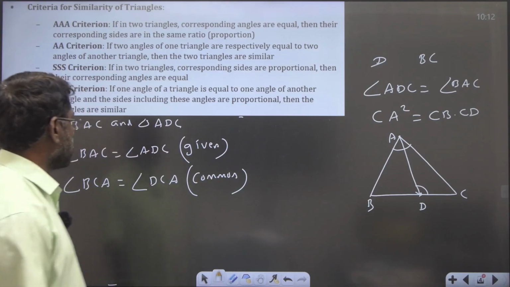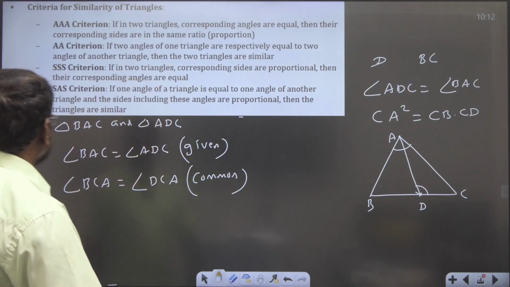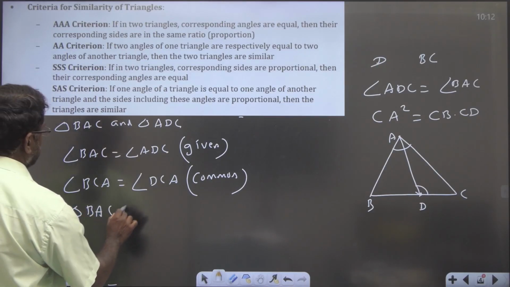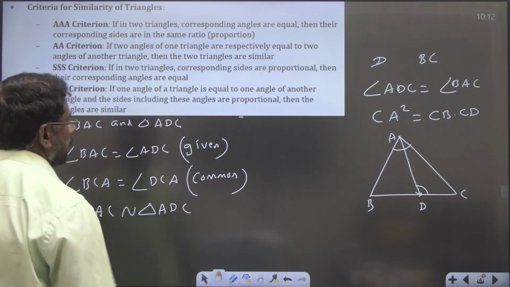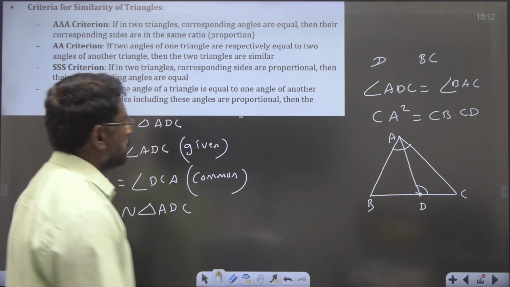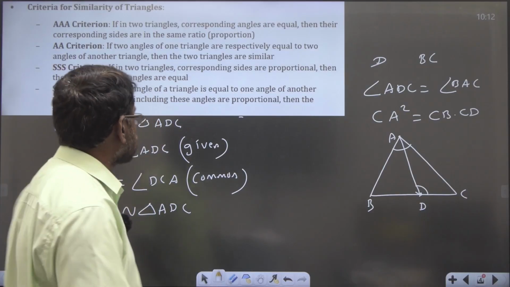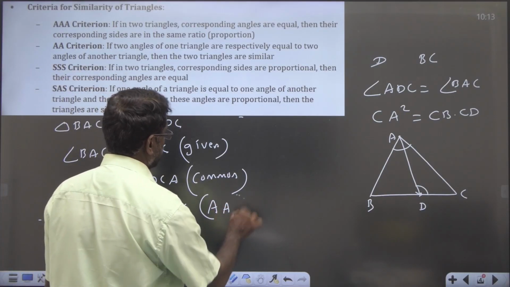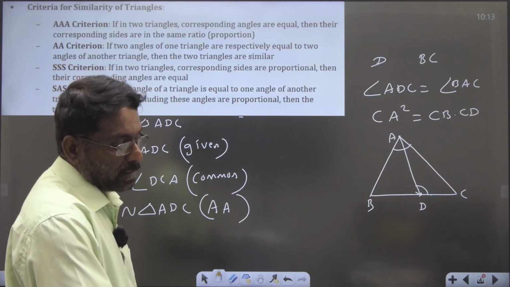So, therefore, triangle BAC is similar to triangle ADC. What is the reason? Two angles of these two triangles are equal, so therefore, AA similarity criterion. These two triangles are similar.